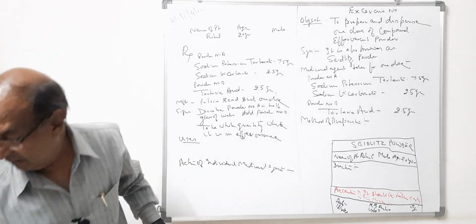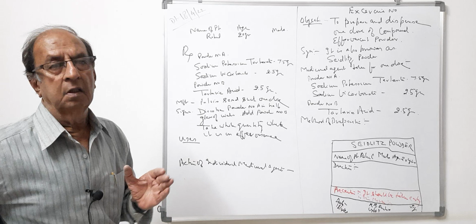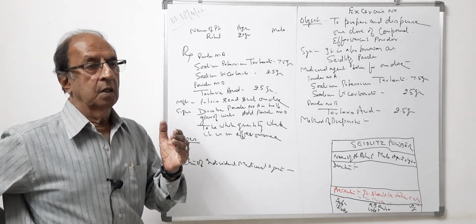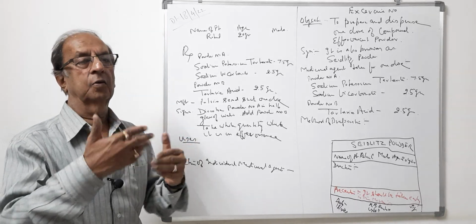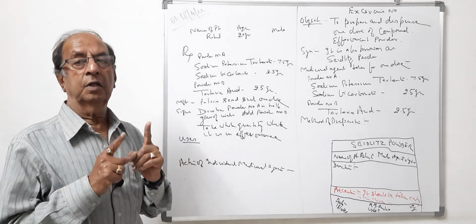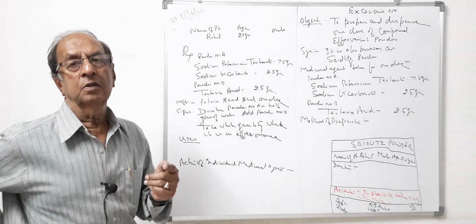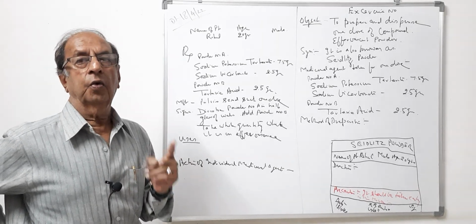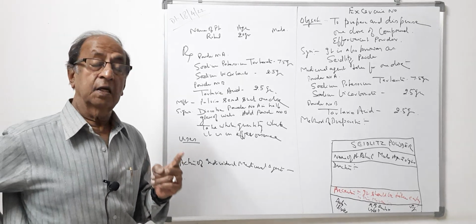Now I will just tell you the constipation, the different types. Functional constipation is that constipation which is not properly functioning in the body. Every person has got a typical type of defecation timing. Some person goes once in 24 hours. Some person goes twice a day for defecation. Some person goes thrice a day.